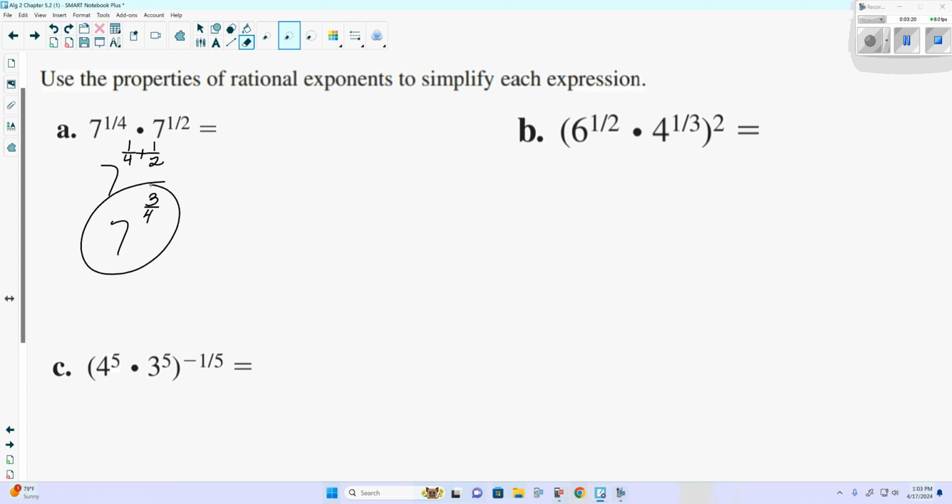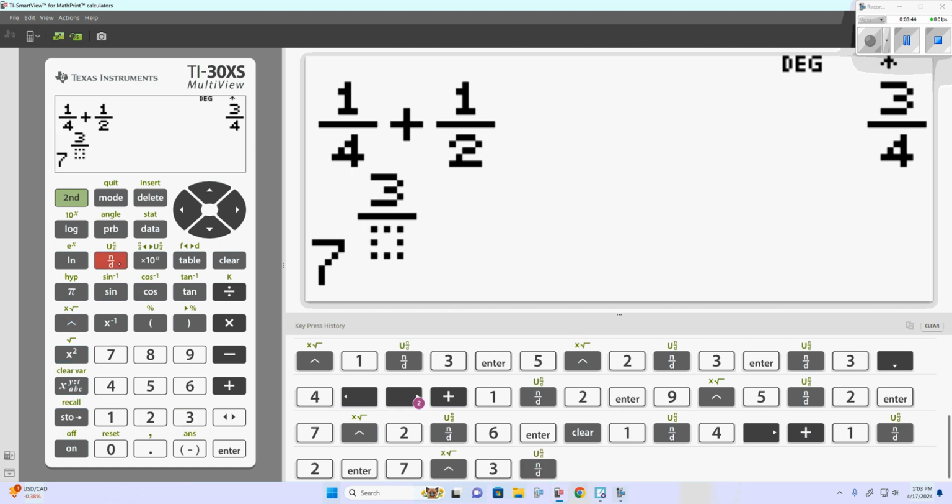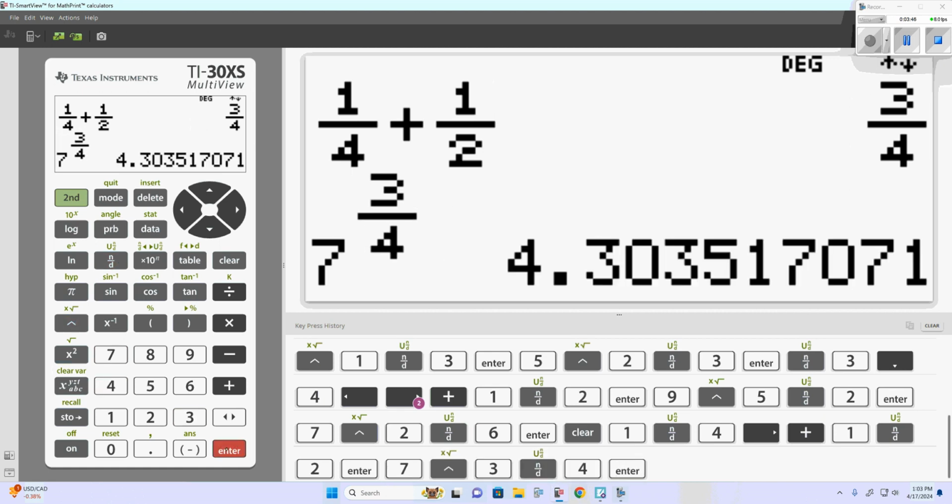We're not trying to approximate its value. We just want to simplify the expression. If it reduces, we'll reduce it, but here 7 is prime. So 7 to the 3/4 is our final answer. If we wanted to check it, we could. Because I could grab the calculator and say 7 to the 3/4 is this here.